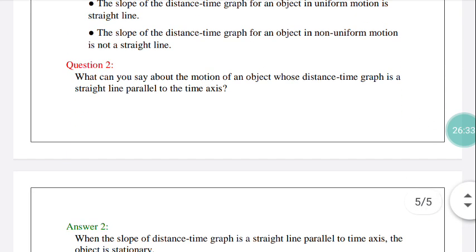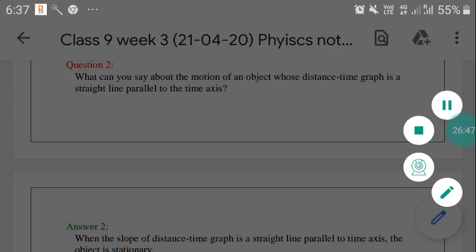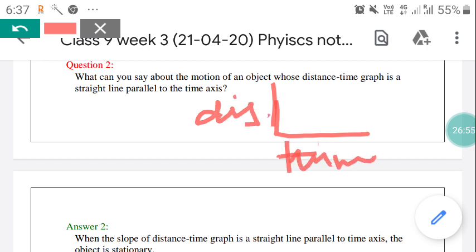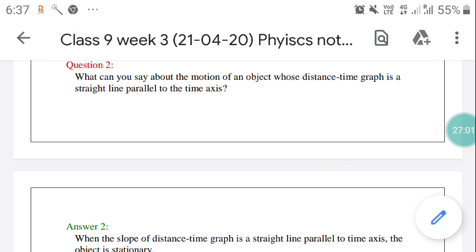Second is, what can you say about the motion of an object whose distance time graph is a straight line parallel to the time axis? I have explained that if you draw a distance time graph, this is distance and this is time, and the graph comes parallel to the time axis, it means the object is at rest or stationary.